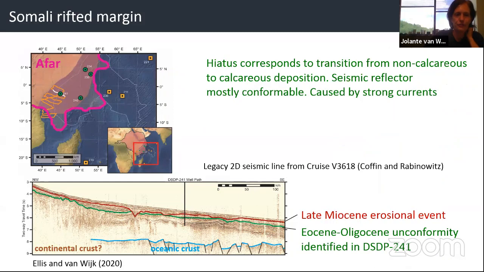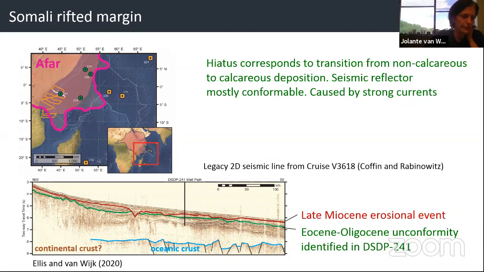On the map towards the left, you can also see in the orange lines and the white line the locations of seismic reflection data associated with a legacy seismic survey from Coffin and Rabinowitz. One of the lines, the one indicated in white on the map, is shown here below. I've indicated on this line in green this Oligocene Eocene hiatus.